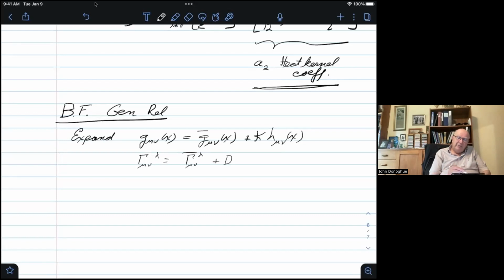Let me put one bar under it. The 2 bars, at this stage, means order H and order H squared.